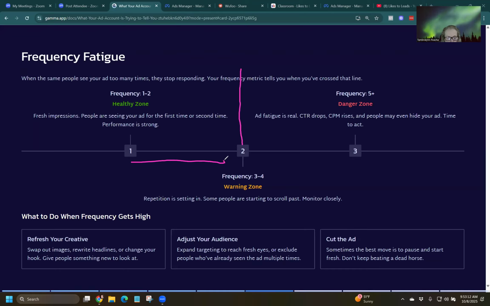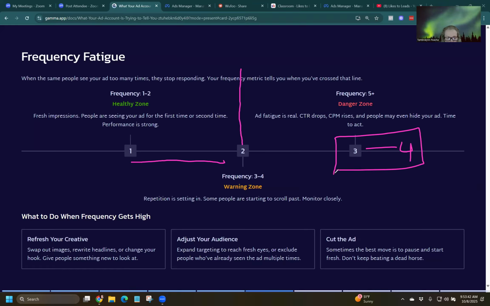But the problem is some ads, especially ads where the objective is purchase, this number will go to 3 and 4 within days because Facebook automatically builds in 50% of the ad's budget on a purchase ad. I don't know if any of you are doing purchase ads, but 50% of the budget goes to retargeting in a purchase ad when the objective is sales.